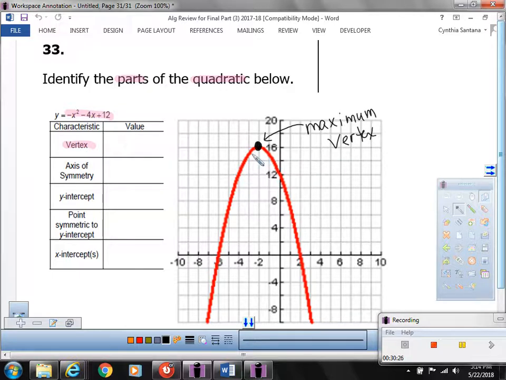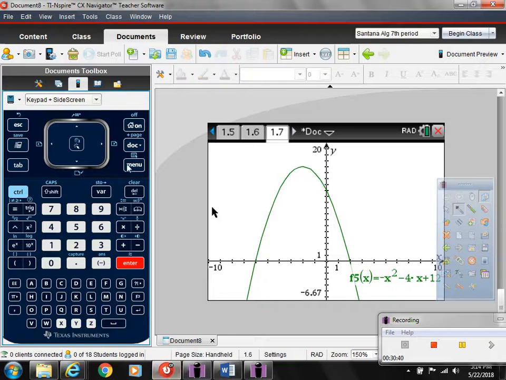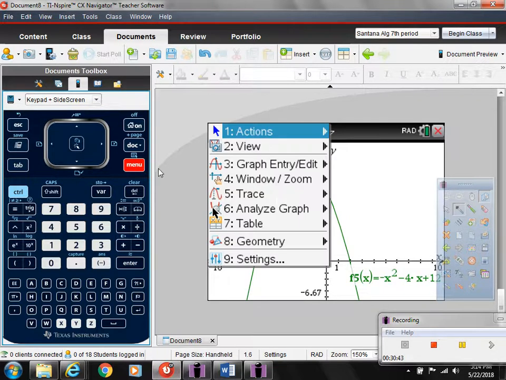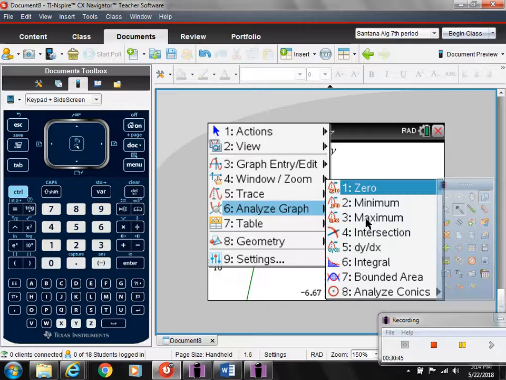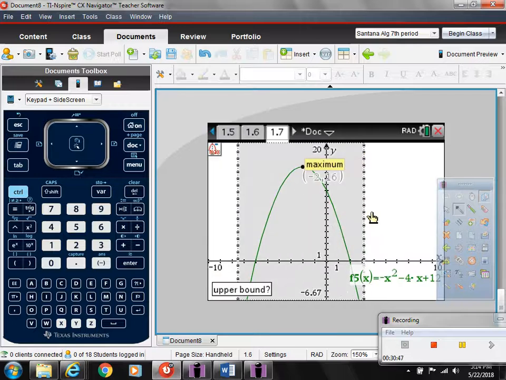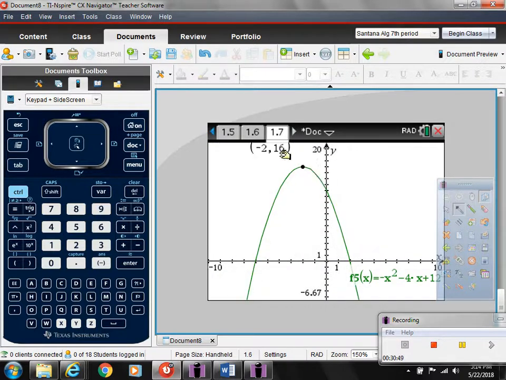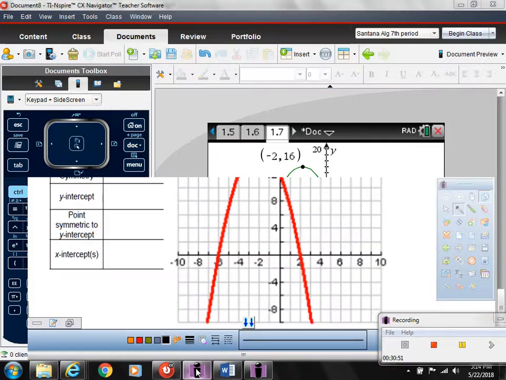So the highest point is at -2, 16. Now we could have the calculator find that for us as well, just to double check. So menu 6, 3, click and drag, boom, there you go, -2, 16.